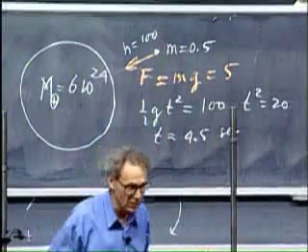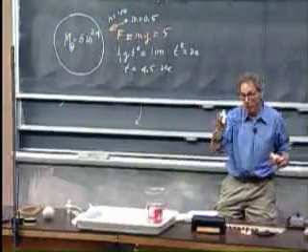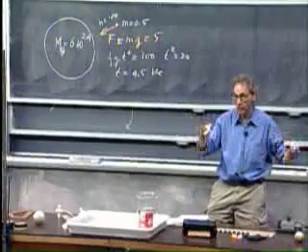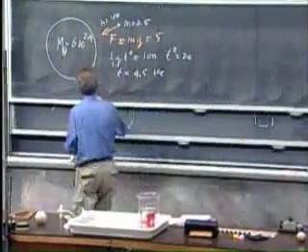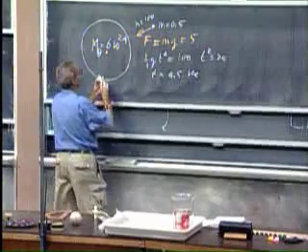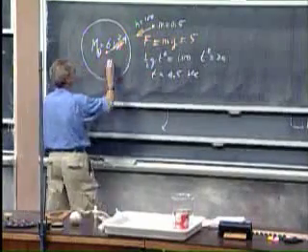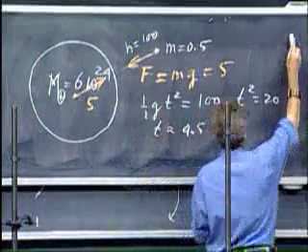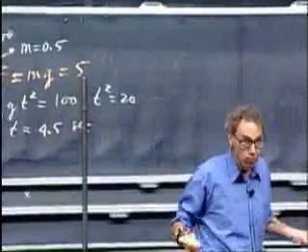So far, so good. But now, according to the third law, the Earth must experience exactly the same force as the apple does, but in opposite direction. So therefore, the Earth will experience this same force, F, 5 Newton, in this direction. What is the Earth going to do? Well, the Earth is going to fall towards the apple.